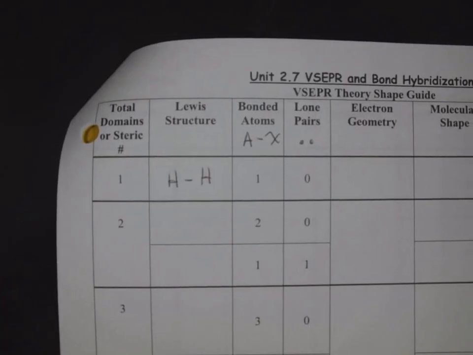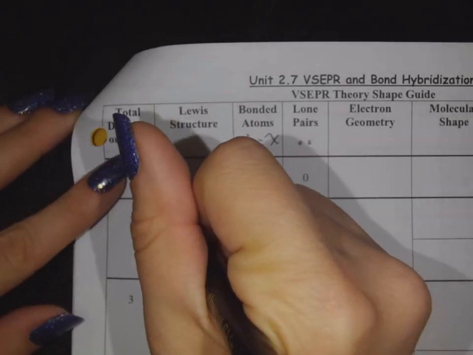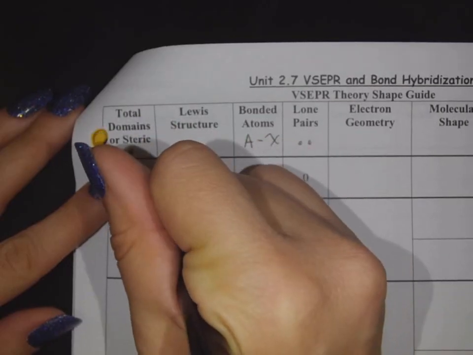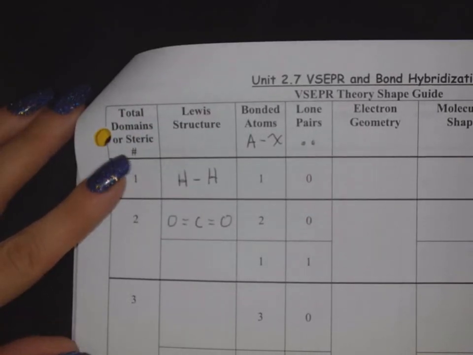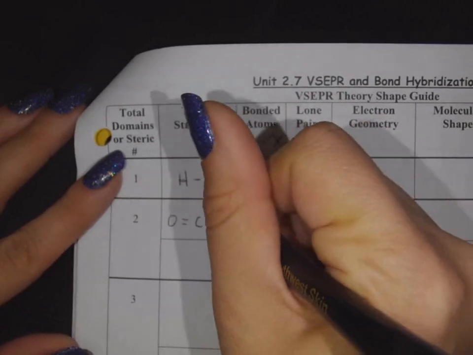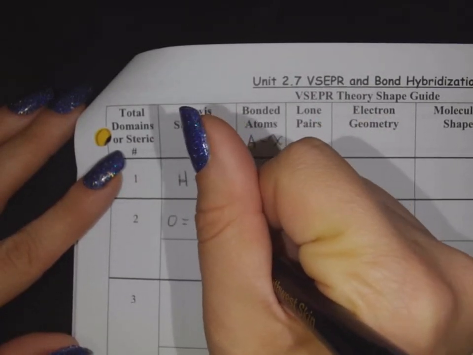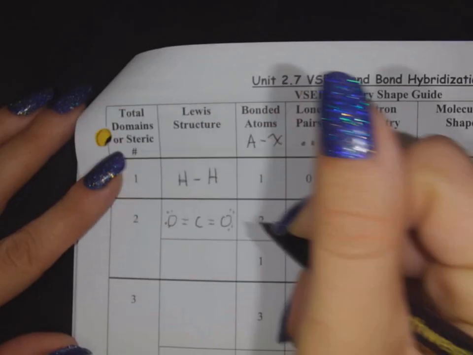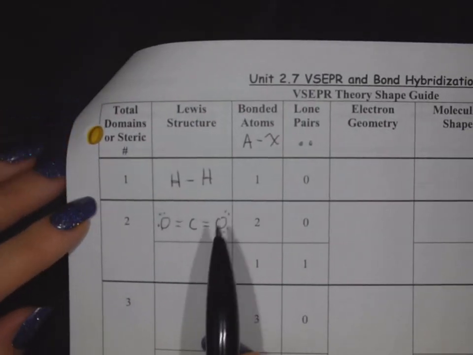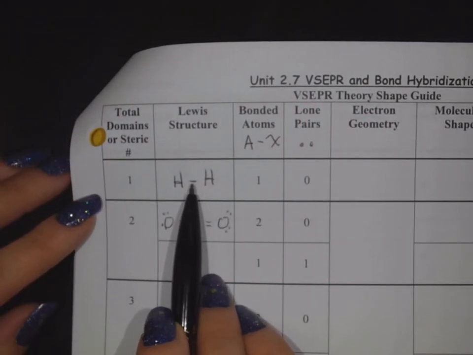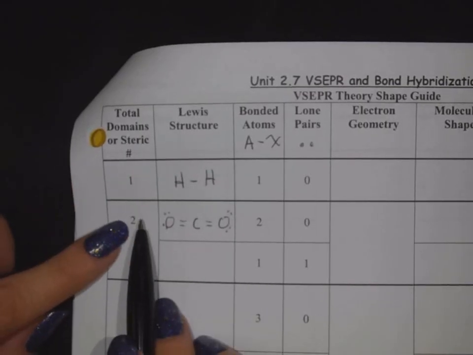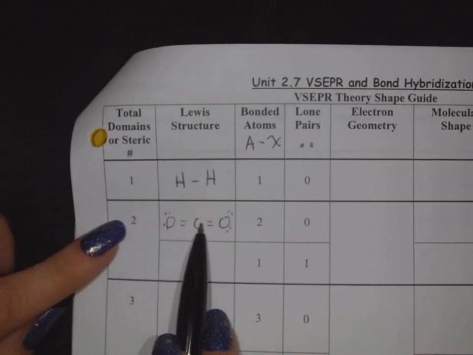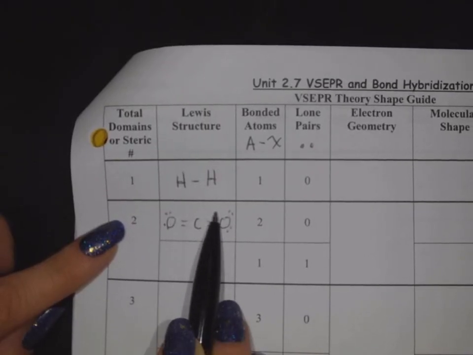So an example would be carbon dioxide. Like, you know how we have carbon in the middle and then it's double bonded to 2 oxygens there. And it doesn't matter that it's double bonded. It's bonded to 2 atoms off of the center. So they could be single, double, or triple bonds, but this would still be a steric number of 2. No lone pairs on the center, 2 bonded atoms off of the center.